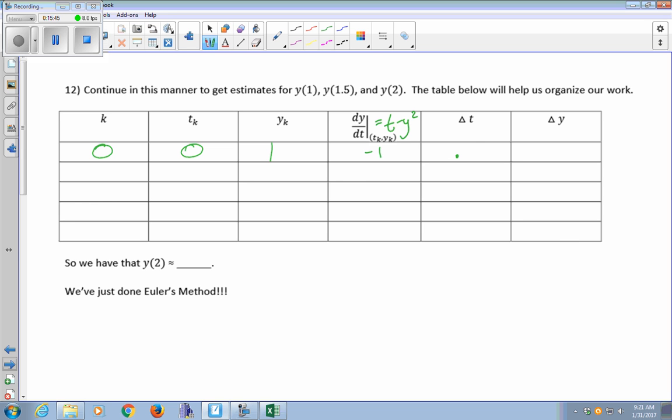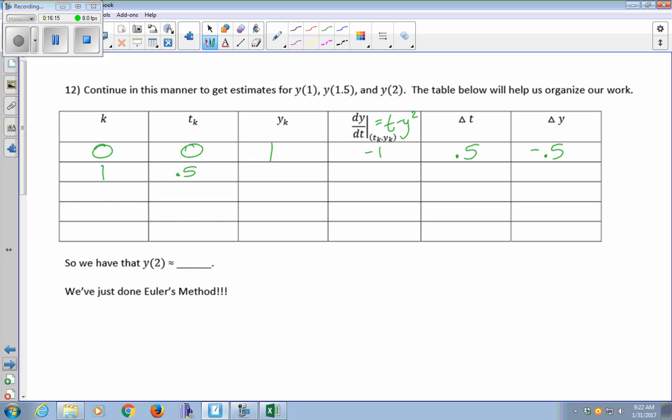Delta t was 0.5 because I was asking you about the value of the graph at 0.5. That was a given piece of the problem. We calculated delta y by multiplying our slope times delta t, and we got -0.5. Then we have a new point. My new t value is 0.5, and for my new y value, you take your old y value and add the delta y.